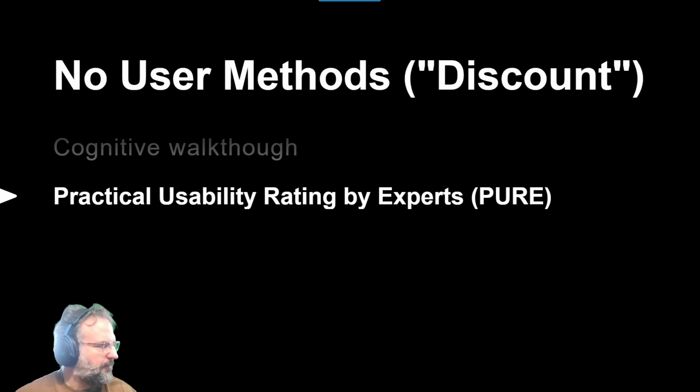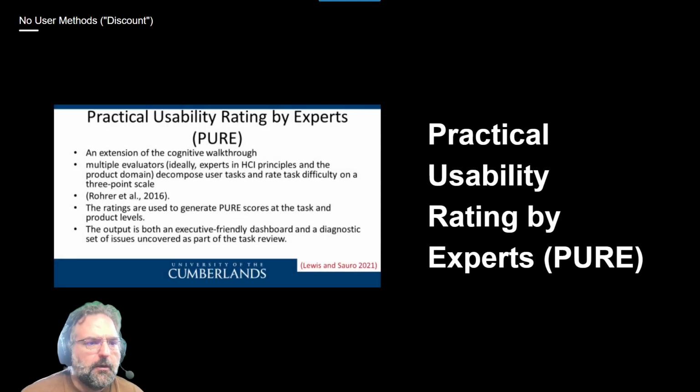And then we have the practical usability rating by experts, PURE. So the idea is that it's an extension of a cognitive walkthrough with multiple evaluators. Ideally, they're HCI experts, so they know a lot about the principles and how something should be done, and also the domain in which they're being asked to evaluate.